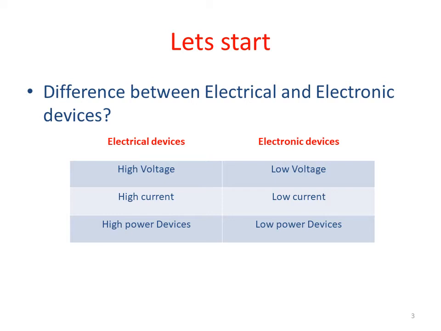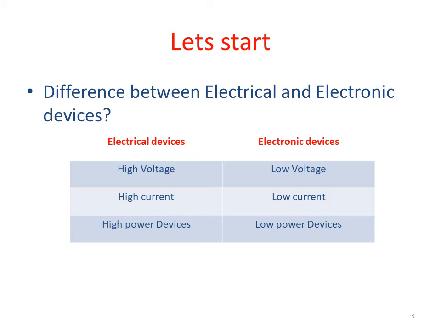And of course, if they are consuming very high voltage and very high current, then they can be called high power devices. In the same manner, electronic devices work on very low voltage and a very low amount of current, in the order of milliamperes, and of course when they have low voltage and low current, they are called low power devices.